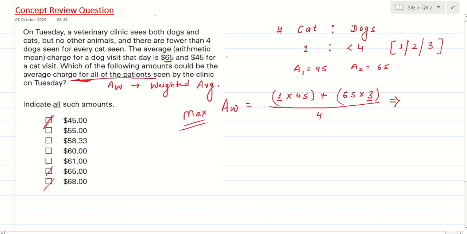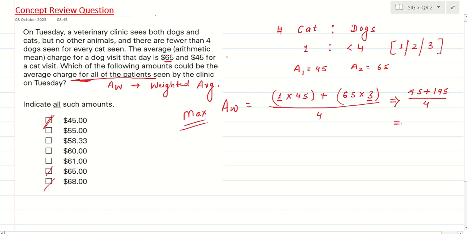Maximum possibility. So how much will you get? 45 plus, how much will you get? Can you find out and tell me? 65 into 3 is 195, and 45 plus 195 is 240. Divide by 4.